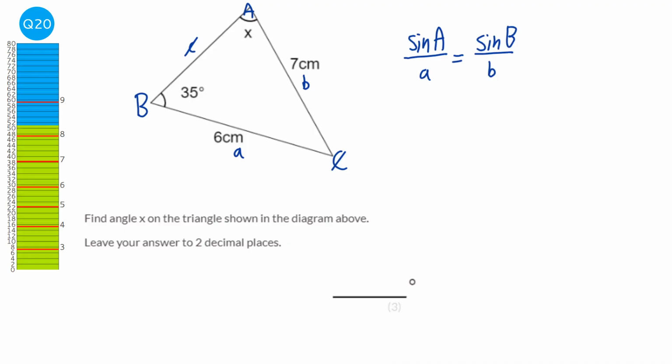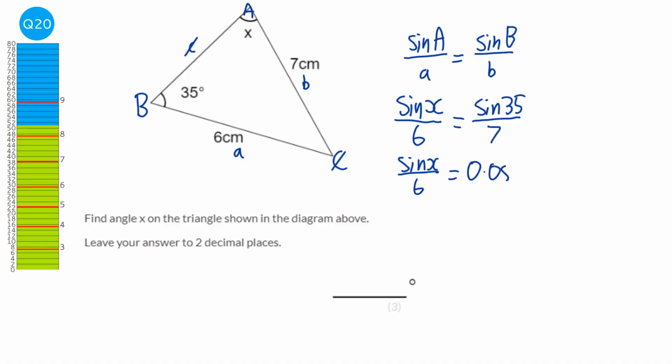Okay, so we're going to fill this in. So we're just going to leave that as sine x. Sine x over lowercase a is 6, equals sine B, the angle is 35, over lowercase b, which is 7. Okay, we're going to work out what the right hand side is. So that's going to be 0.081 and so on. And then we're going to be solving this.